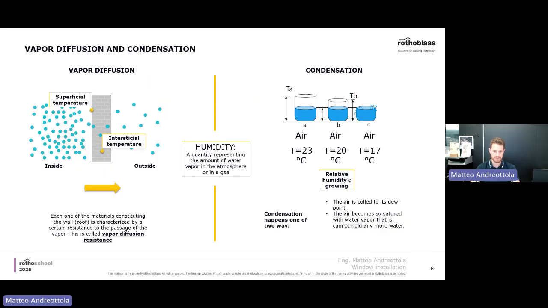Just another concept which is important to grasp before we go on with our detailing of the windows: the condensation risk. Condensation risk is important to understand before we go to the window details, because it's a very common failure mode that you have in windows, especially.